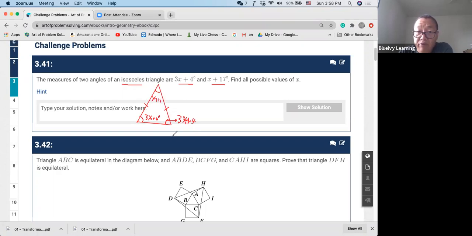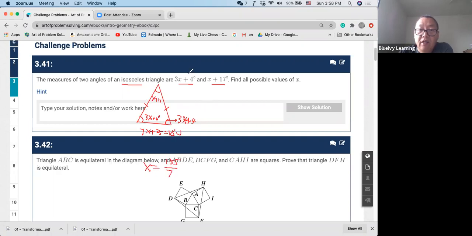This is one way, right? By this way, you add all these three angles together, you should get 180 degrees. Then that will be 7x plus 17 plus 8, 25, equals 180. So you get x equals 155 divided by 7, right?